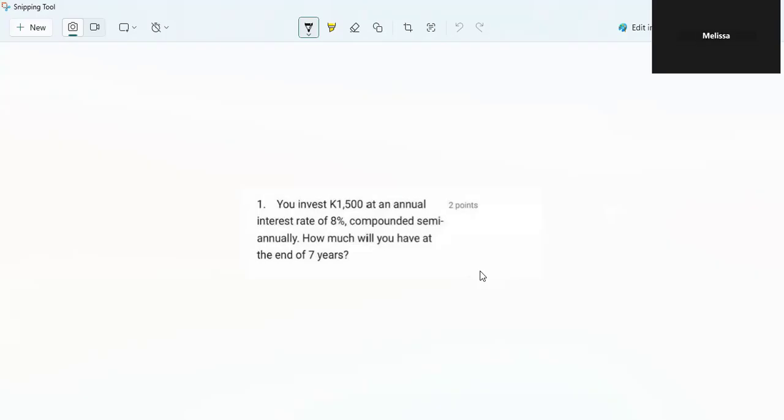So we are given our present value. Basically we're finding the future value at the end of 7 years. We have present value 1,500. We have the interest rate at 8%.